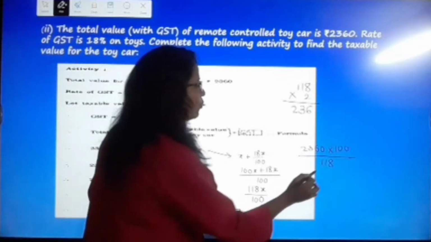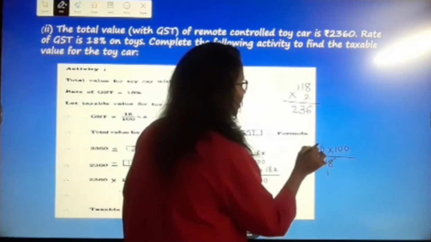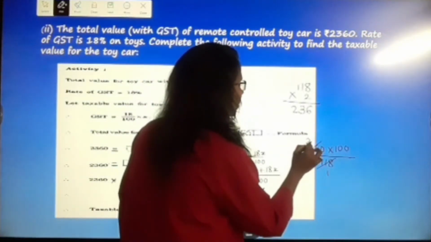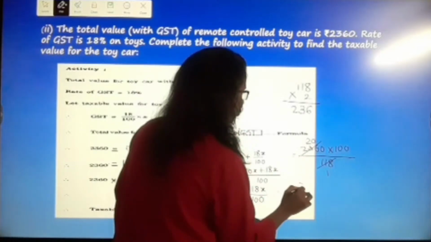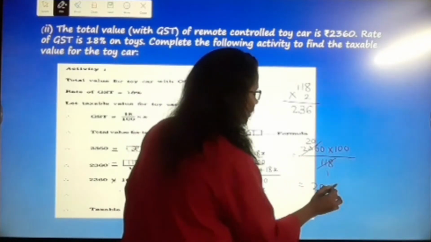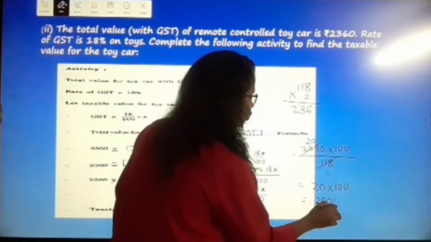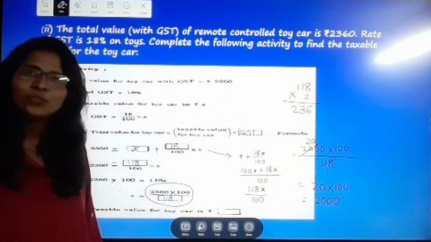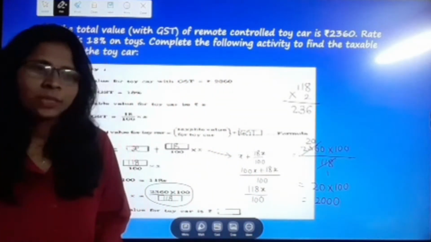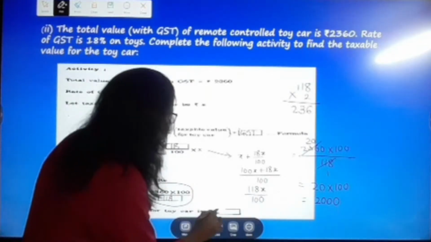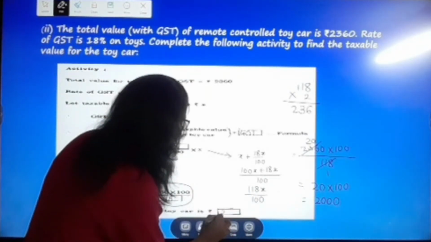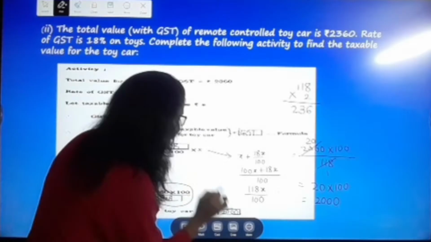So here 118 ones are 118 and here 2 and 0. That means here students 20 multiply 100 and that means students here the answer is 2000. Okay students, the answer is 2000. So here students, we write in this box rupees 2000.